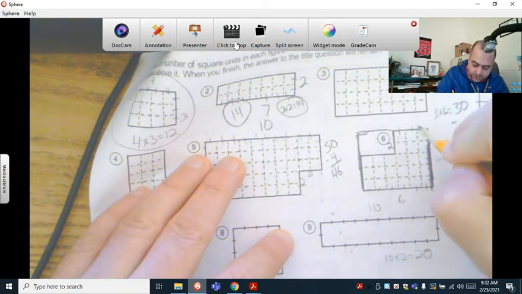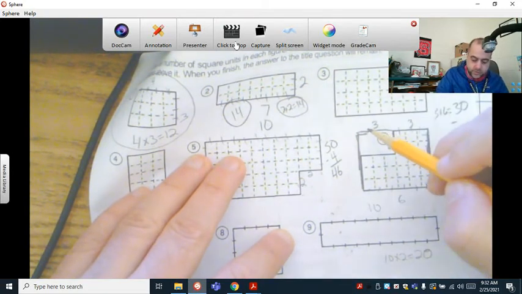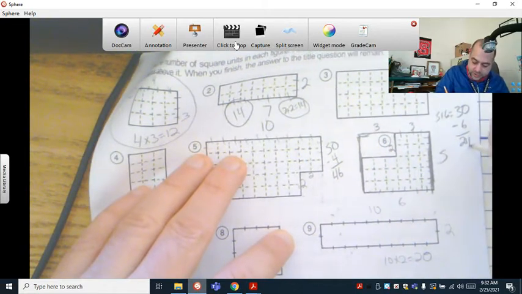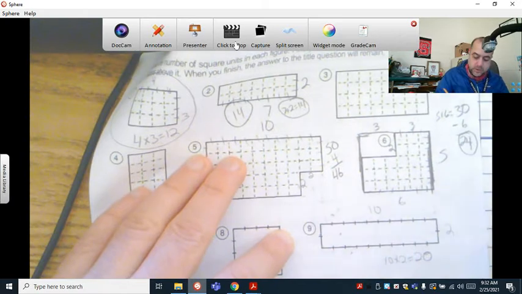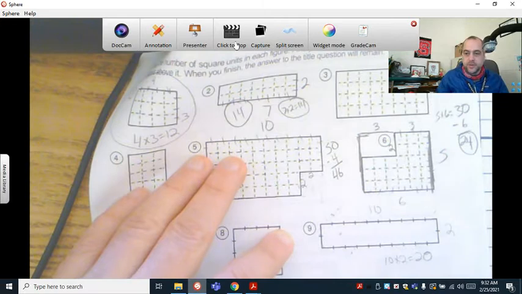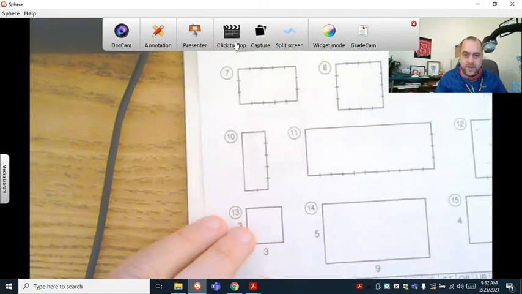So if this is 3, this has to be 3. So what's 3 times 2? 6. 30 minus 6 is 24. So the answer to this one is 24. And if you wanted to, you could count all the squares and see if they add up to 24. They do. We'll do one more on this page.